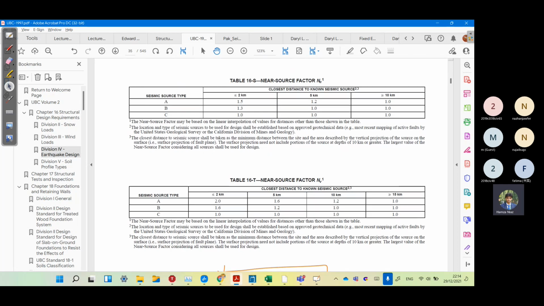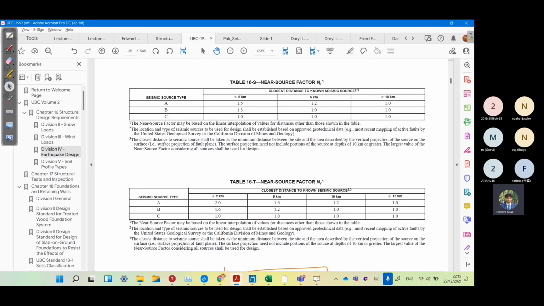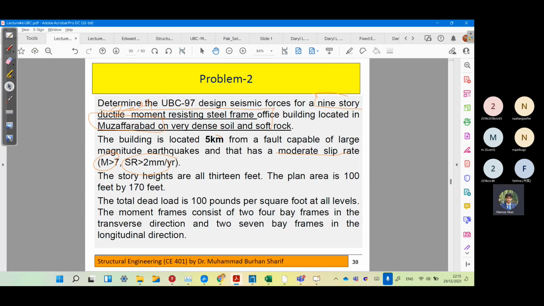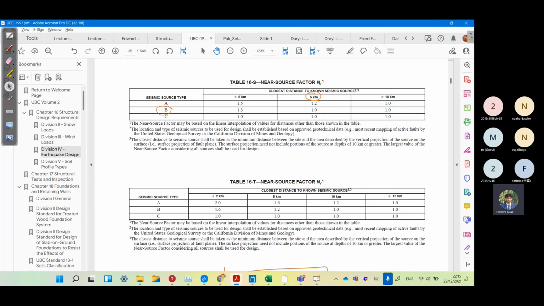And for source type B, we have to calculate NA and NV. We are also given that it is located 5 km from the fault line. So for 5 km in seismic source type B, NA would have been 1.0 and NV would have been 1.2. This way we can calculate NA and NV.